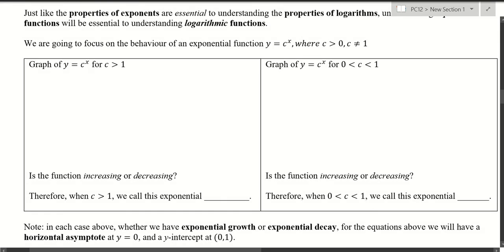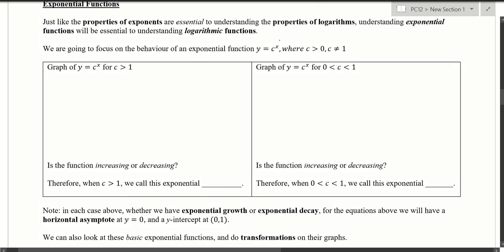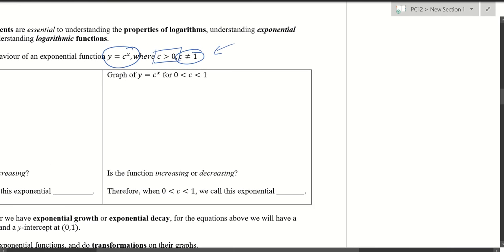We're going to be looking at the behavior of some exponential function y equals c to the power of x, where c is positive, excluding one positive number, actually. We are going to exclude 1 as a possible base. The reason for that is because the number 1 is actually quite a boring number for a base.